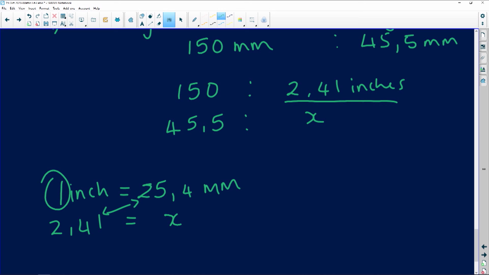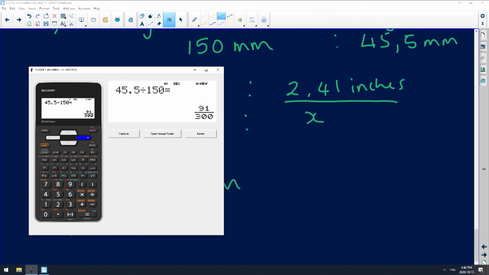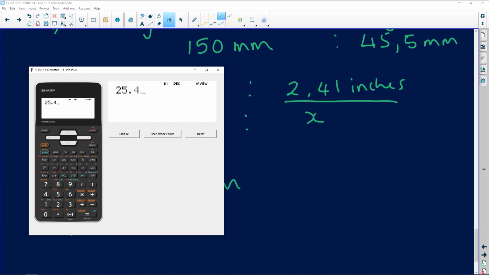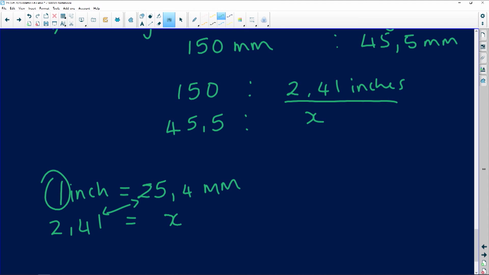That's going to be 25.4 times, sorry, that's going to be by 2.41. 25.4 multiplied by 2.41, nice one. 61.214.